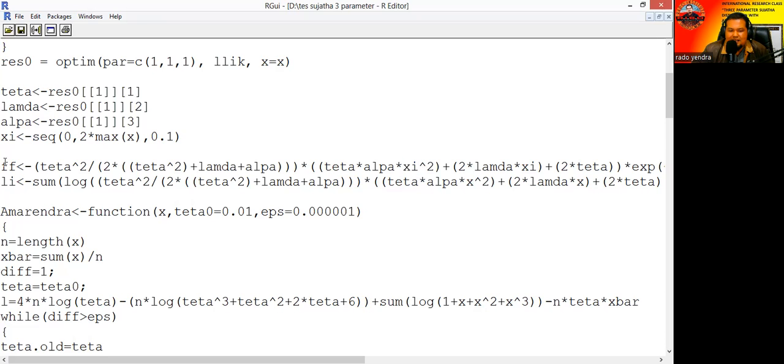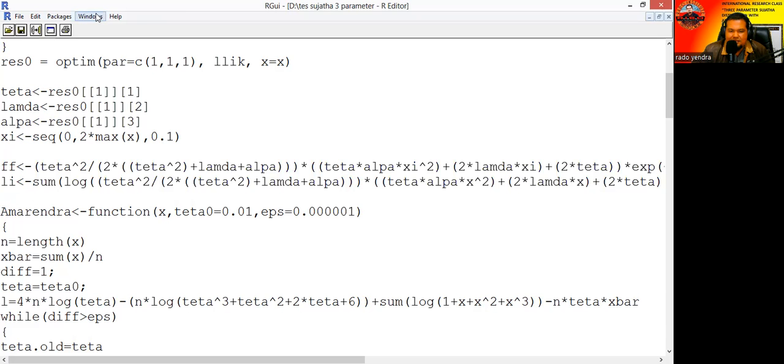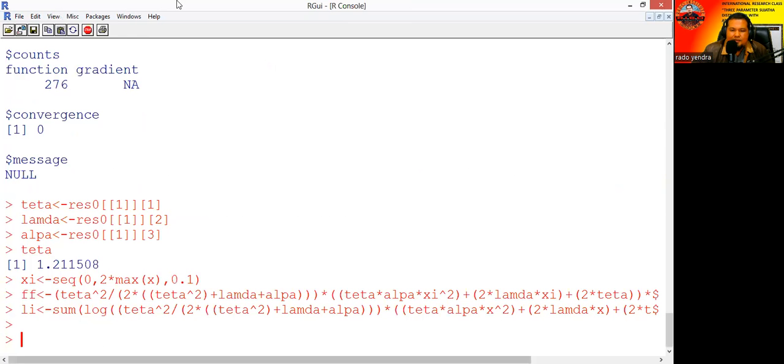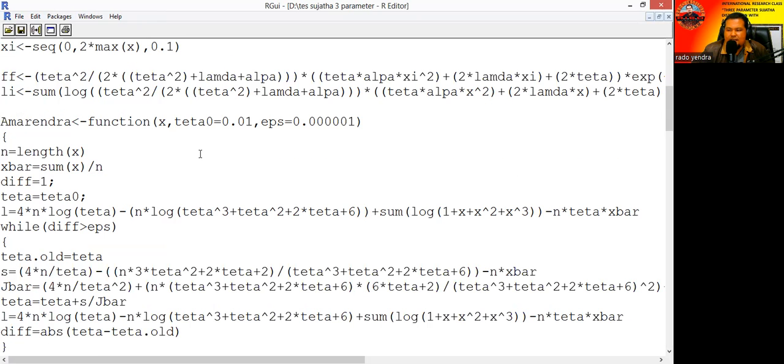Okay, you can run here, and LE means the log likelihood for the Three-Parameter Sujatha. Okay, you can run here and you can check in the console. Okay. And then in this R programming, we give the R programming for the Amarendra distribution.